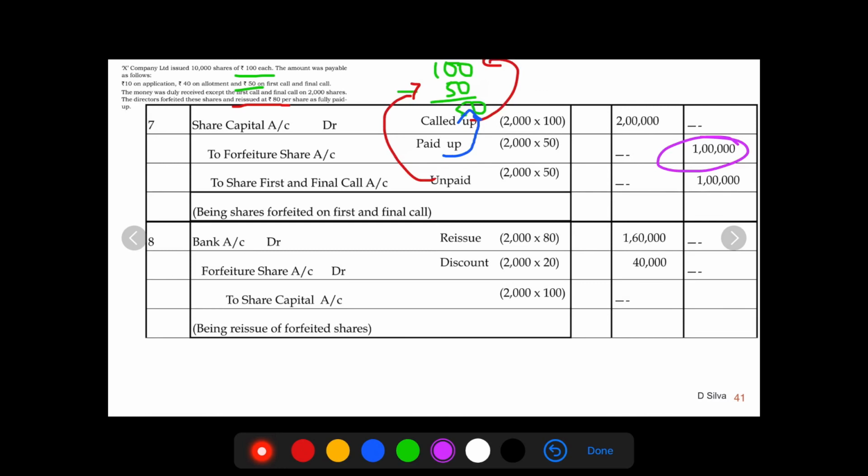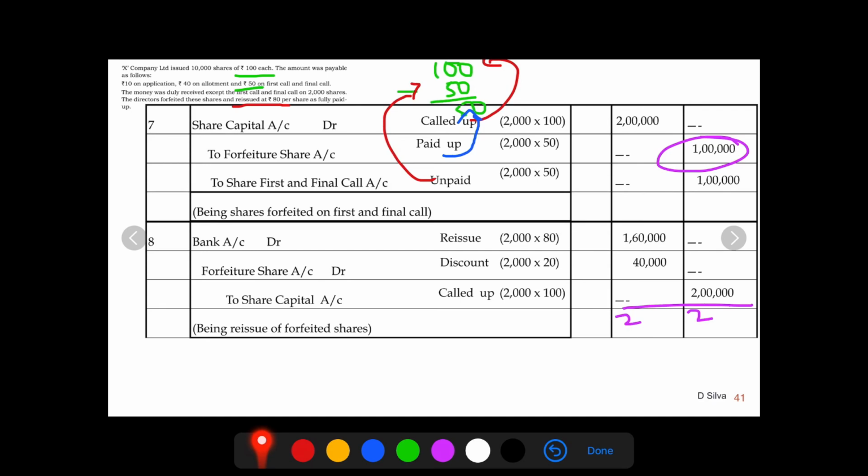So to share capital account will be 2000 into 100. So 100 is the actual nominal value. So amount being called up which is credited is rupees 2 lakh. So now if you check the debit and the credit totals, it's going to be 2 lakh.